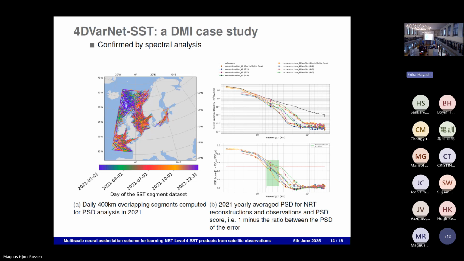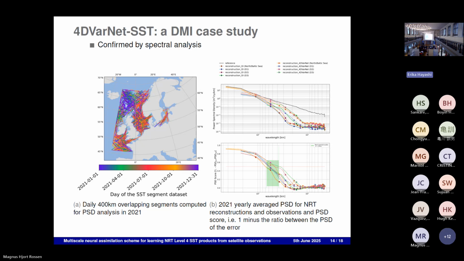This is confirmed by a spectral analysis on this year. We also developed with TLS in France an algorithm to adapt what is done for sea surface height based on altimeter data to SST, by computing lines randomly across the entire domain to compute spectral metrics without having to interpolate where you have land, for instance.